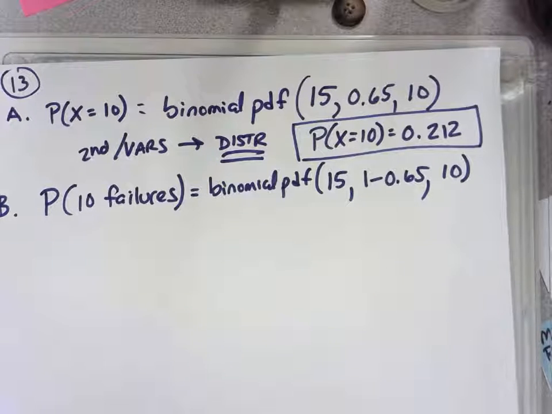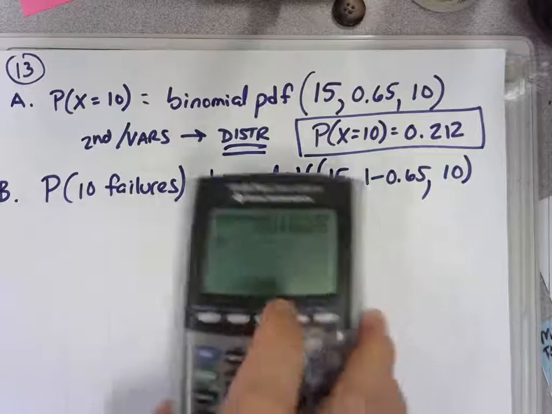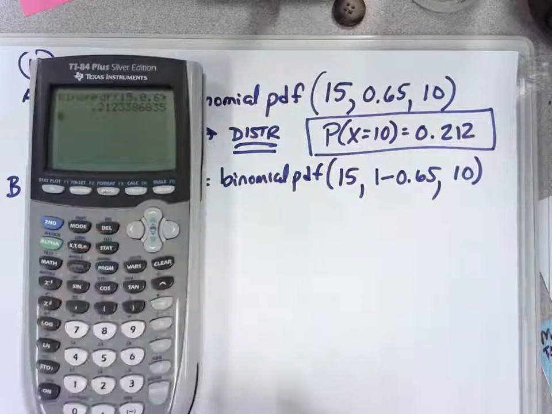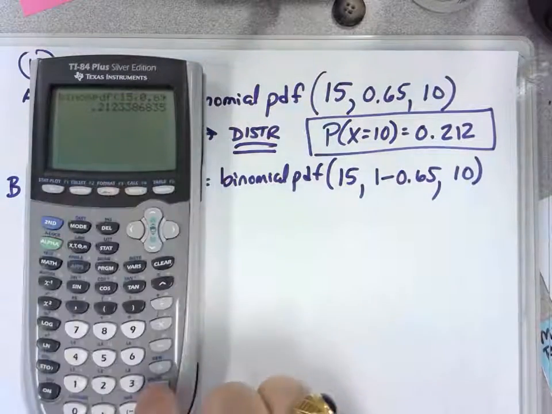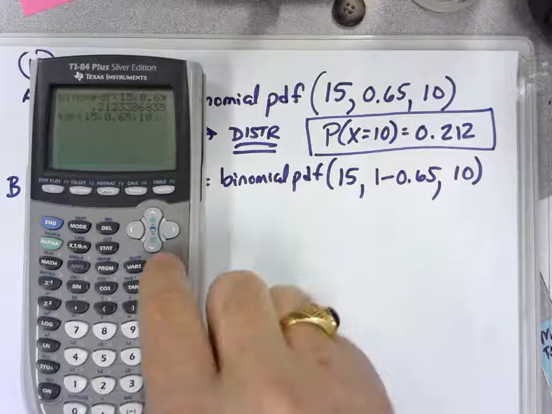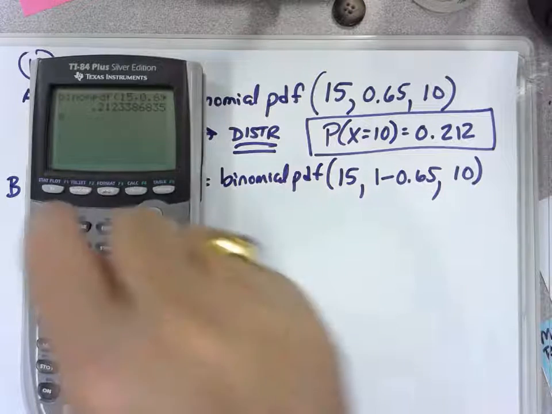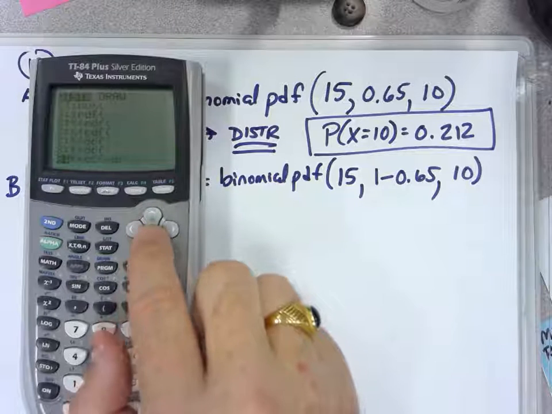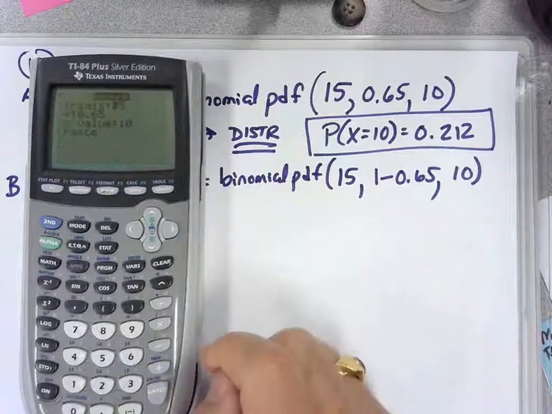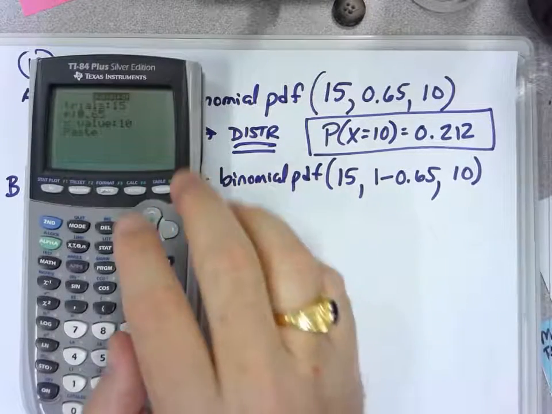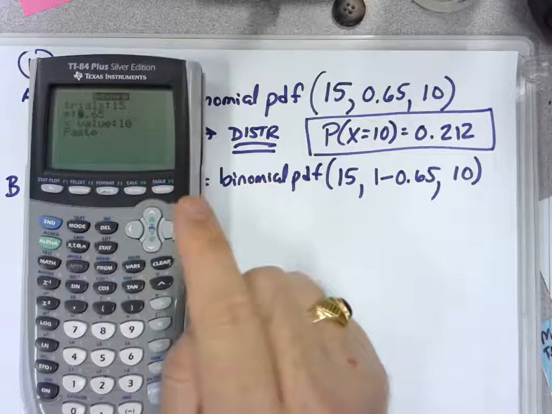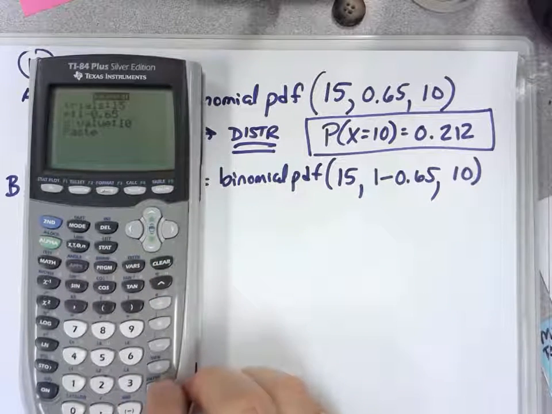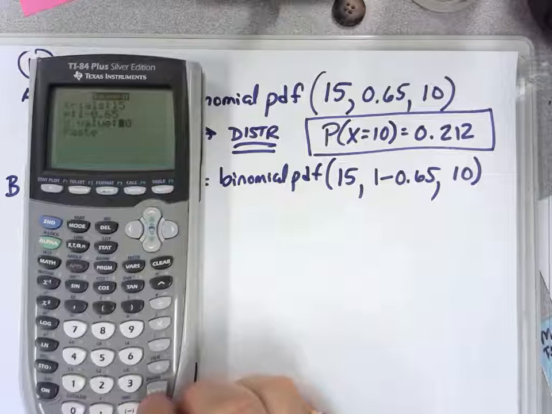If I put this on the calculator, I'll do second vars and scroll down. I guess it was alpha A. Hit enter. I have 15 trials, but instead of 0.65, I'm going to do 1 minus 0.65. That's where I messed up, because I was putting 5 in the trials.